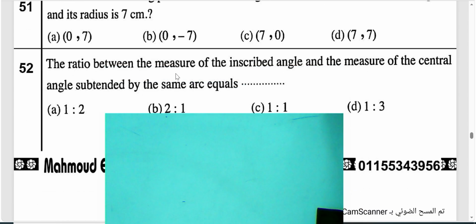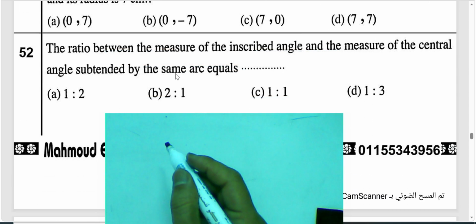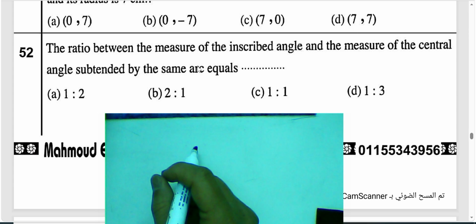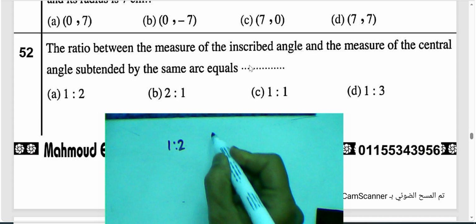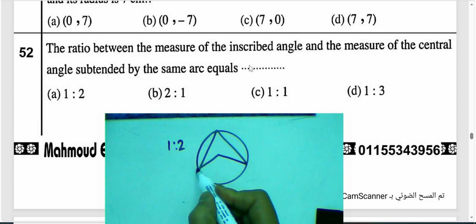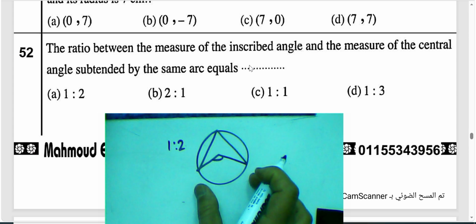Next question. The ratio between the measure of an inscribed angle and the measure of a central angle subtended by the same arc will be 1 to 2. He asked about the ratio between the inscribed angle and the central angle, which are subtended by the same arc.